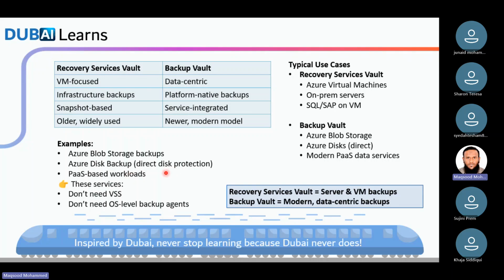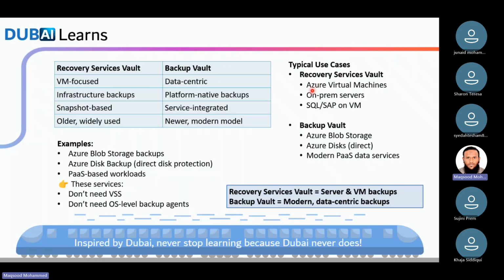You can't install the Azure backup agent on that. If you have any other backup solution on-prem, you can't deploy a backup agent on that Azure storage to back up the data which you are storing there. So for that purpose, you have to use Azure backup service and a backup vault, which can back up your data from Azure services basically.